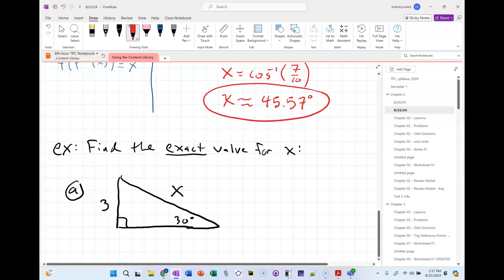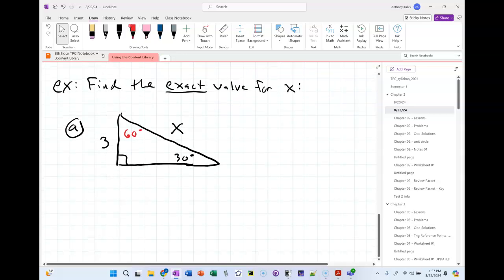So we'll do an example here. Does anybody recognize something special about this triangle? Jamie. Awesome. Yes. Jamie's recognized this as a 30, 60, 90 triangle.